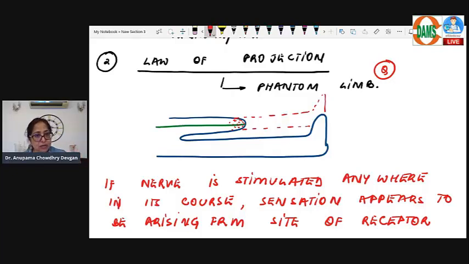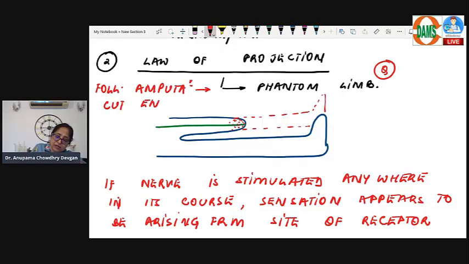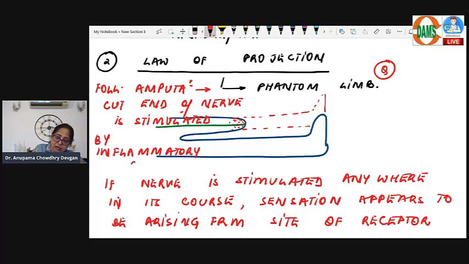Here, following an amputation, the cut end of the nerve is stimulated by the inflammatory chemicals, and the patient now starts to feel as though the sensation is arising from the non-existent foot.